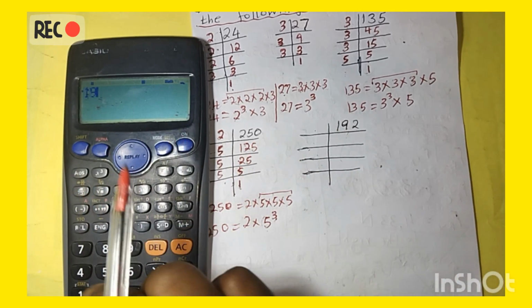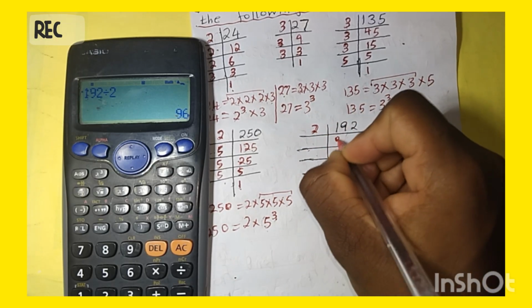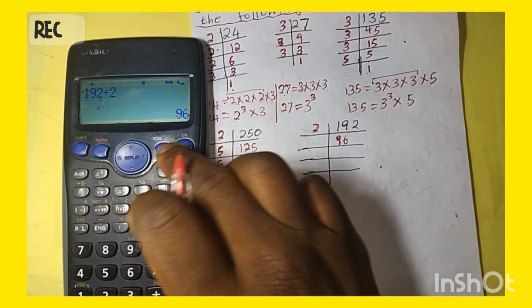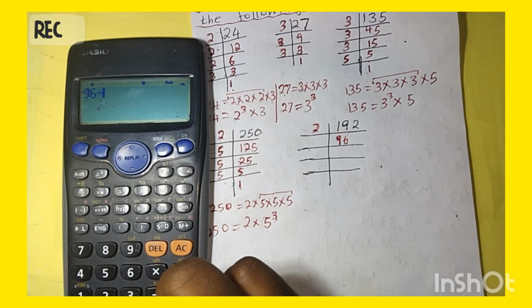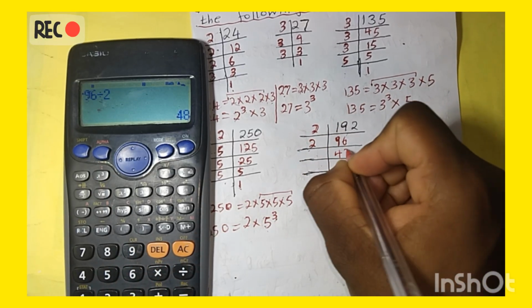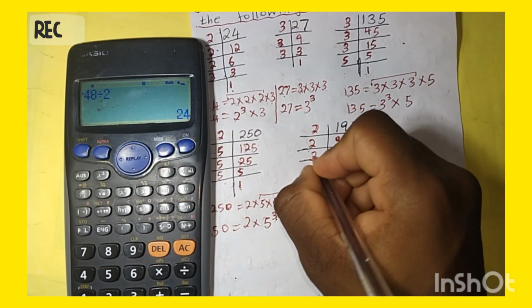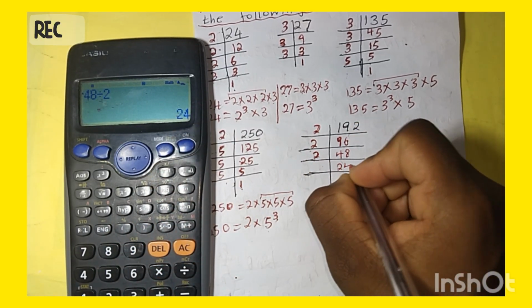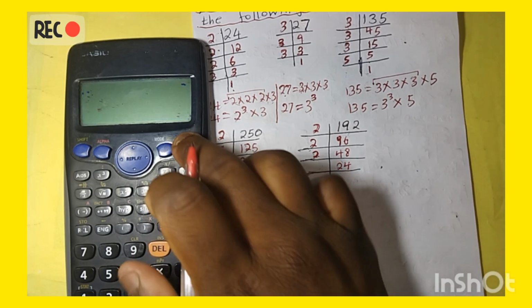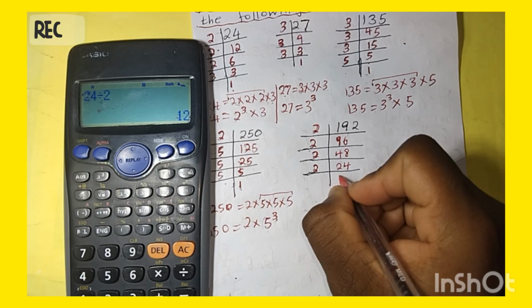Meaning this 192 divided by 2, it means that 2 can be divided there, you will get 96. And now let's try 96 divided by 2. You can divide here by 2, you'll get 48. Now 48 divided by 2, here you'll get 24. And now 24 divided by 2, you'll get 12.